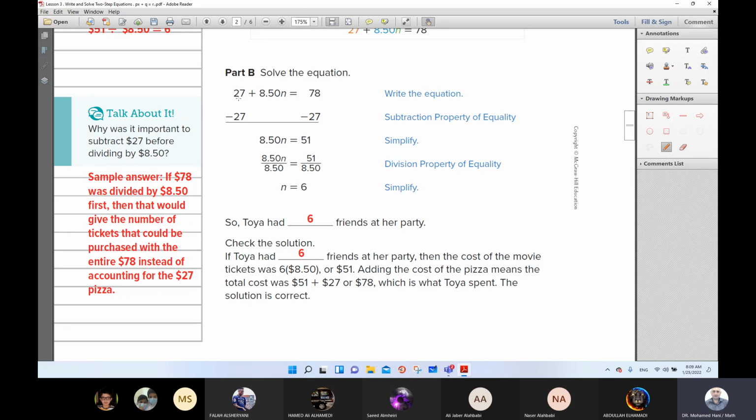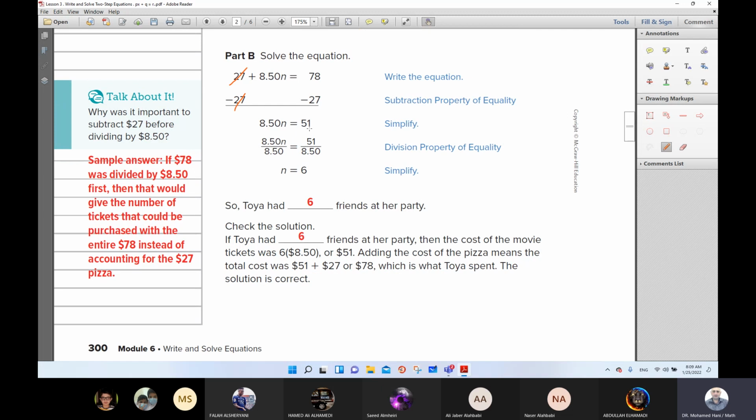When you want to remove the constant, add the inverse. What is the inverse of 27? It will be negative 27. So add negative 27 to the two sides. 27 minus 27 will be 0, remains 8.50n. And on the second side, we have 78 minus 27, we have 51.